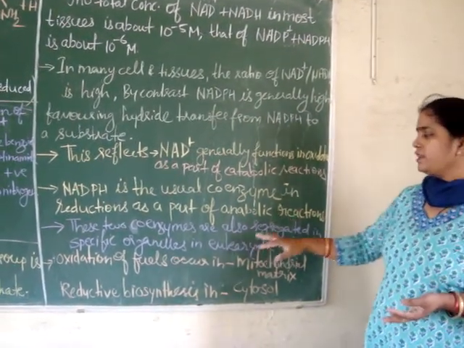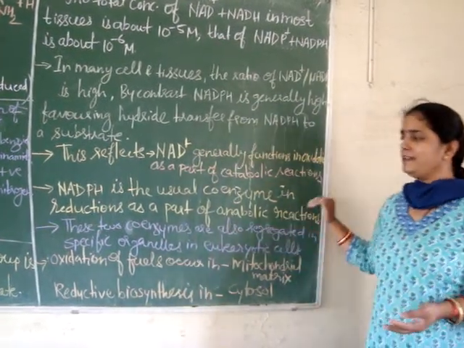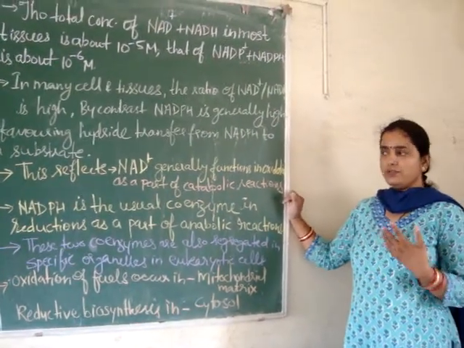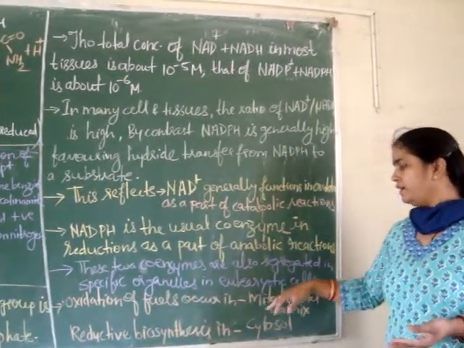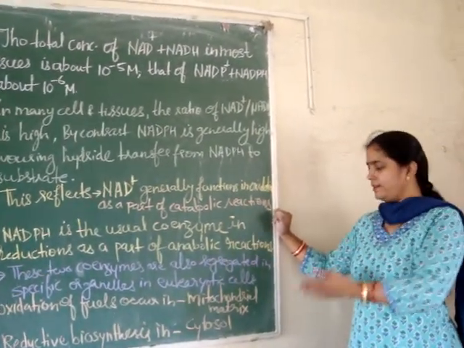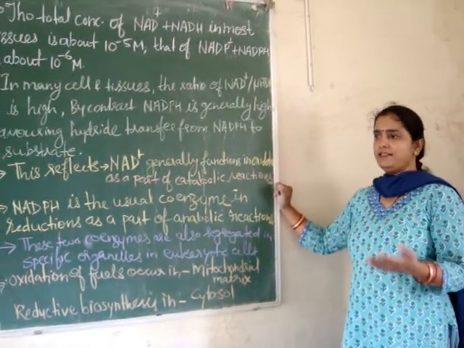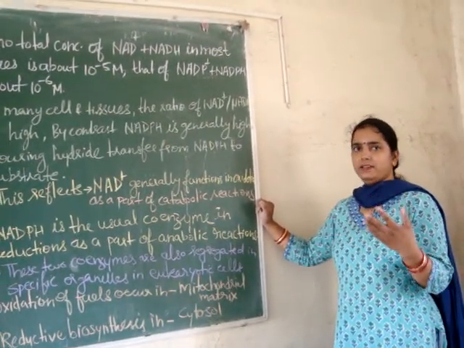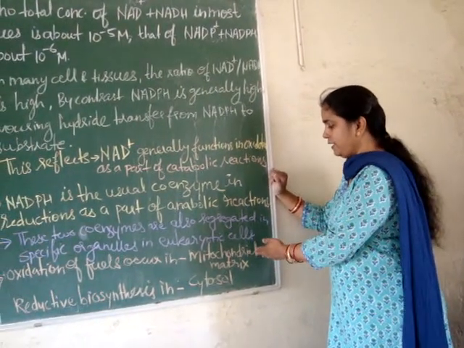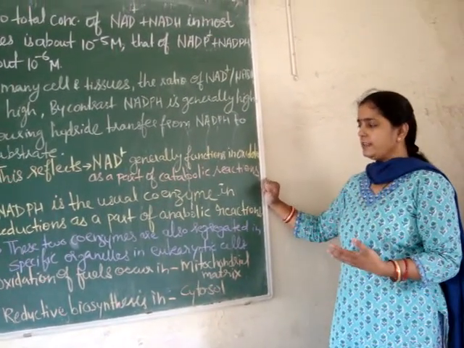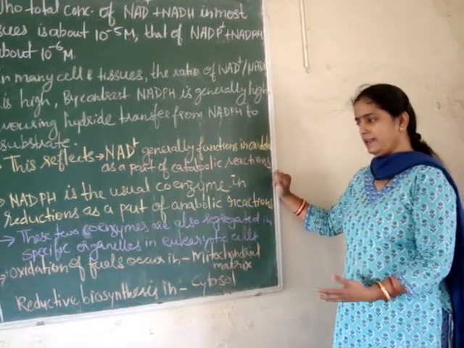Now these two coenzymes are also segregated in specific organelles in eukaryotes. For example, oxidation of fuel occurs in pathways like the TCA cycle and beta oxidation, where NAD plus acts as an electron carrier and is reduced to NADH.